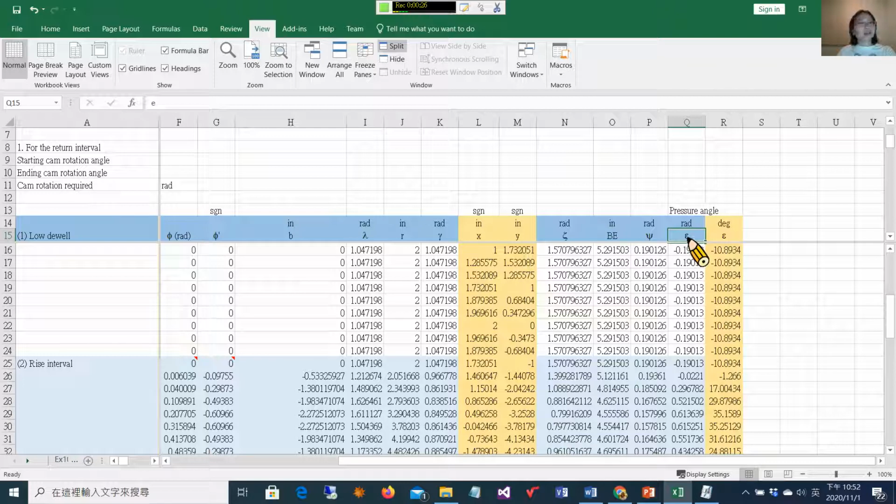We can use the Excel DEGREES function to convert the unit from radians to degrees. We note that the pressure angle is not zero during the low dwell. This result violates our initial assumption, so something wrong is happening.